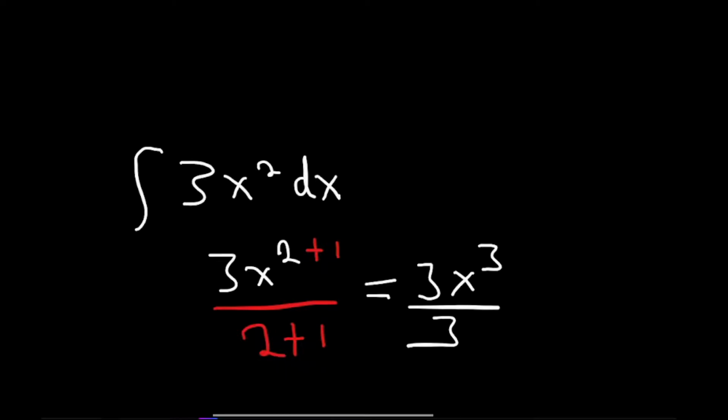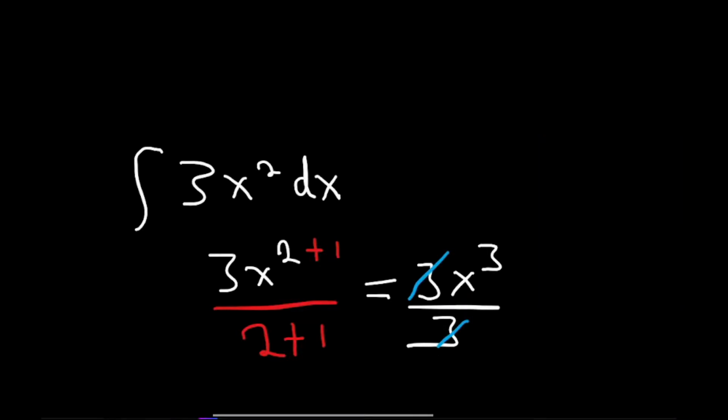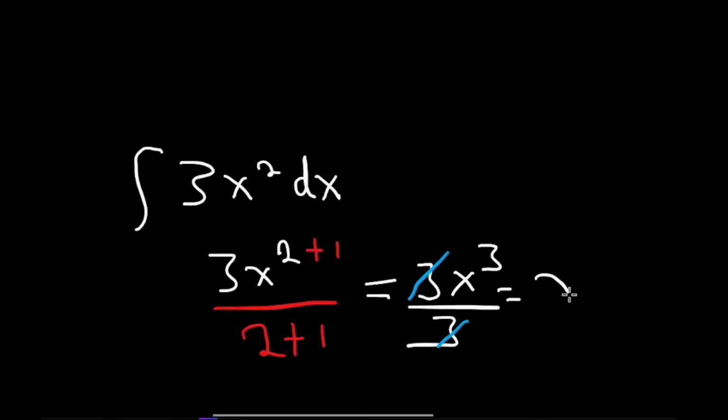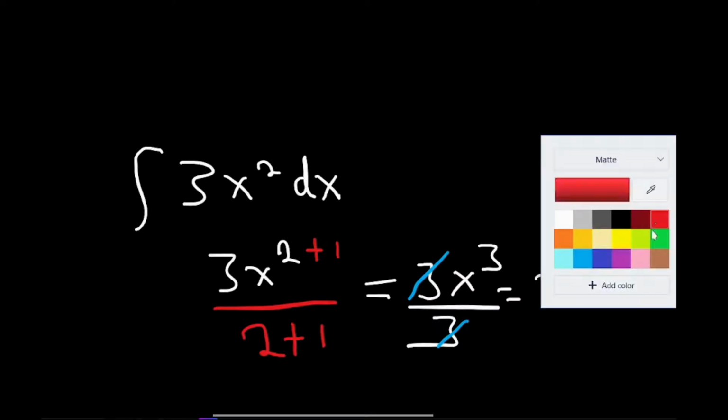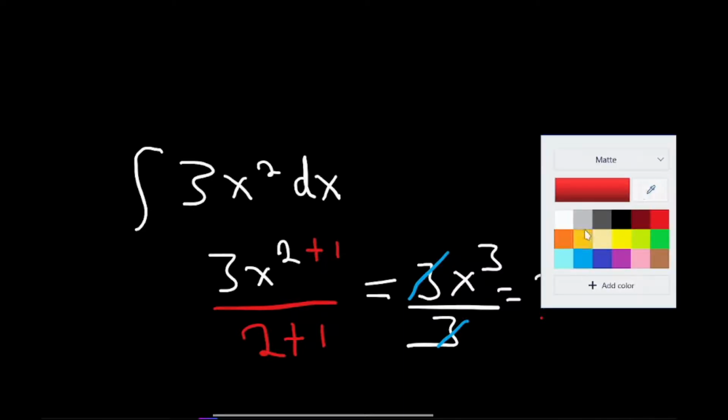One thing that you also have to notice is that we have 3, so we can simply cancel our 3. Then our answer is x cubed. So we have found the antiderivative. But remember that we always have the constant of integration, so immediately you do this, say plus c, which is the integration constant.